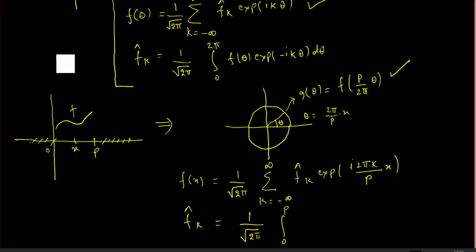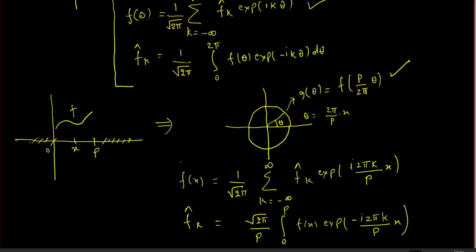Here instead of 1 by 2 pi square root, we will have square root 2 pi by p, f(x) exponential minus i 2 pi k by p x.